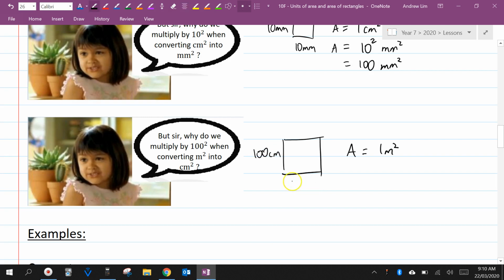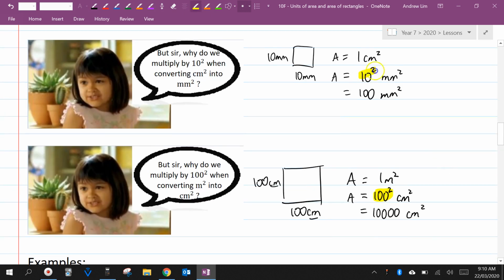So if I were to replace each of these with just 100 centimeters, which is the same thing as 1 meter, the area is now 100 times 100, which is 100 squared, but it's square centimeters. And 100 squared is 10,000. Okay, and that's why we multiply by 100 squared.